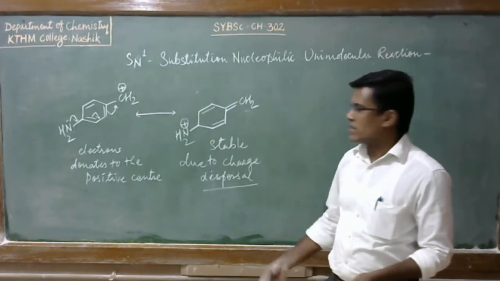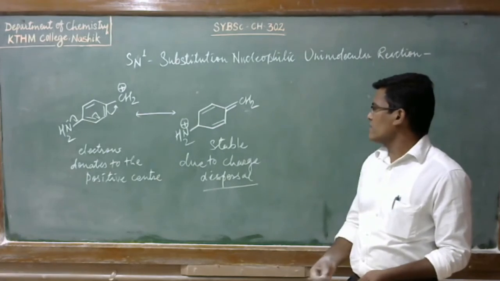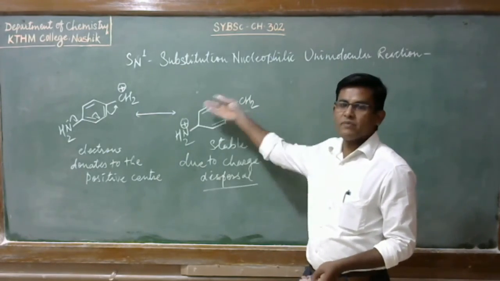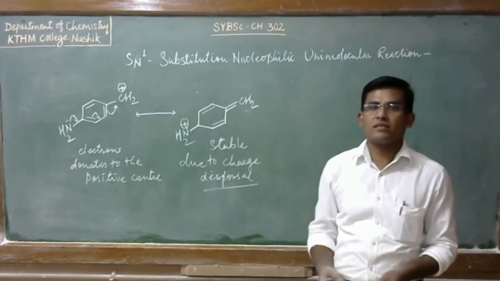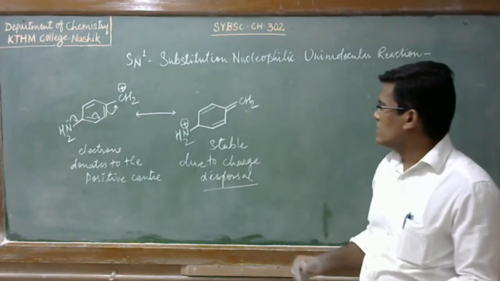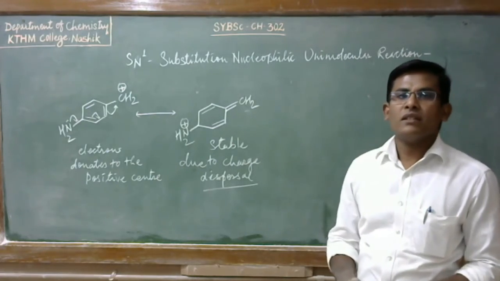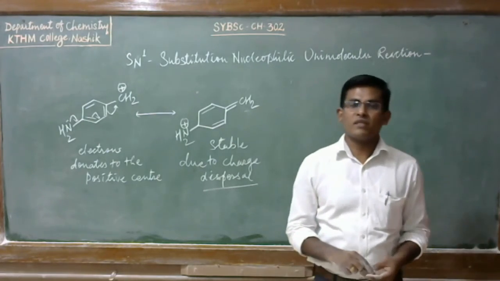It's converted into stable. This substrate becomes stable because of this charge dispersal. Okay. So electron donating groups enhance the rate of the SN1 reactions.